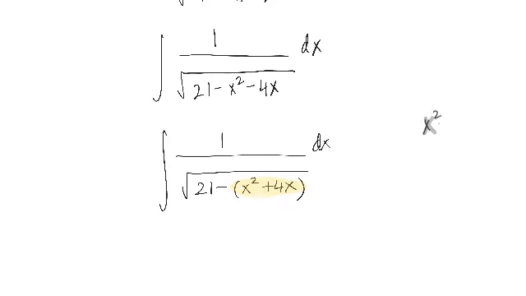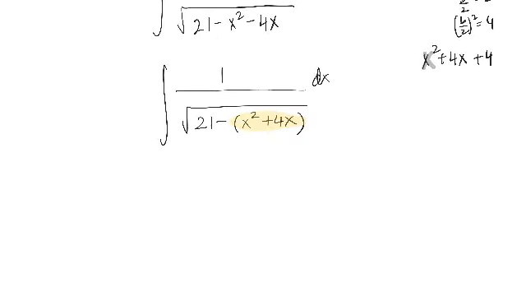So it's x squared plus 4x, b is equal to 4, b over 2 is 2, and so the square of that is 4. So we're adding 4 inside this parentheses, which means I have to think I have this negative sign here.